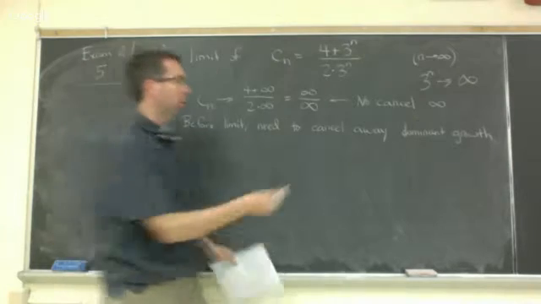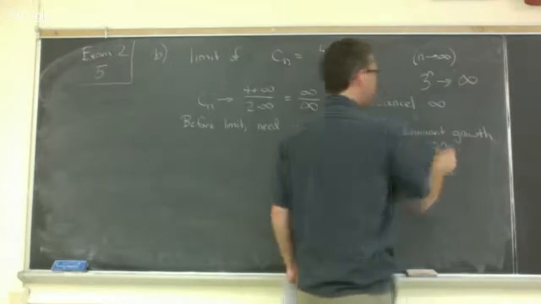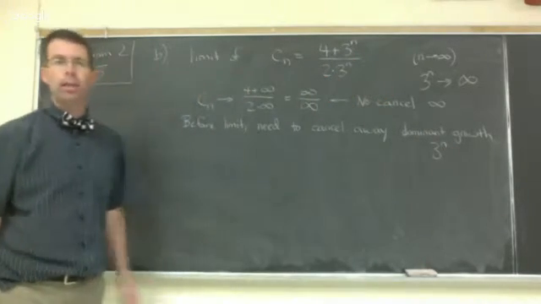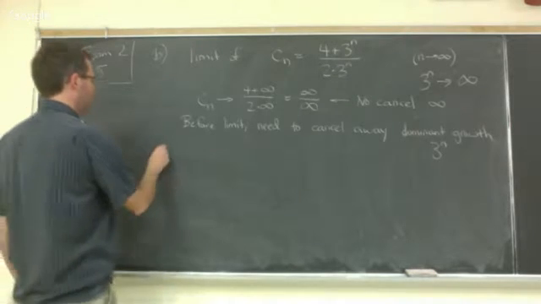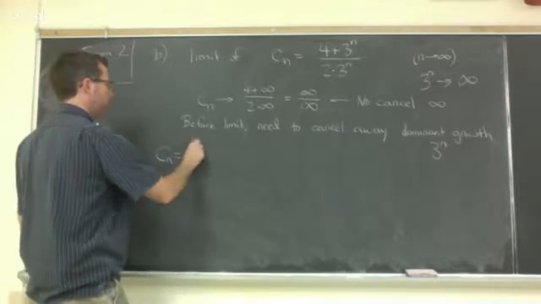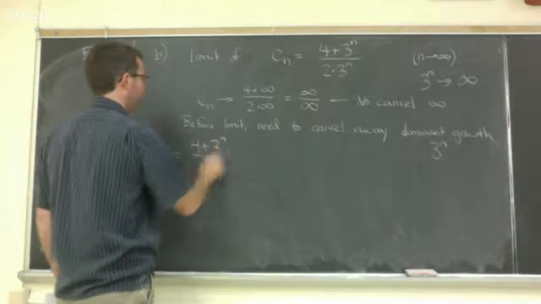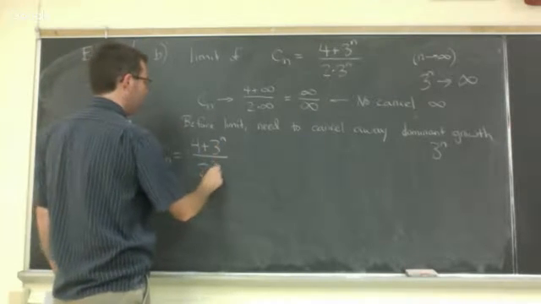And in this example, the thing that's getting big is 3 to the n. So I have to cancel 3 to the n from the top and the bottom. So 4 plus 3 to the n divided by 2 times 3 to the n.